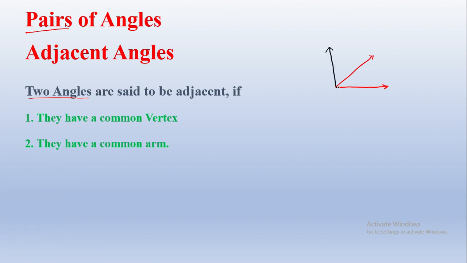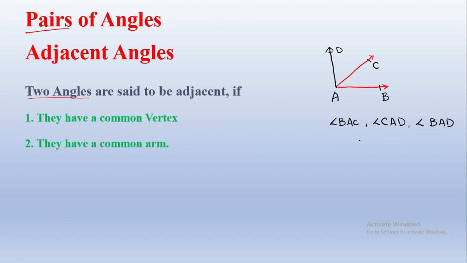Let's name the different arms of the angles A, B, here AC, and then A and D. So we have three angles here: angle BAC, then the second one angle CAD, and the third one angle BAD.